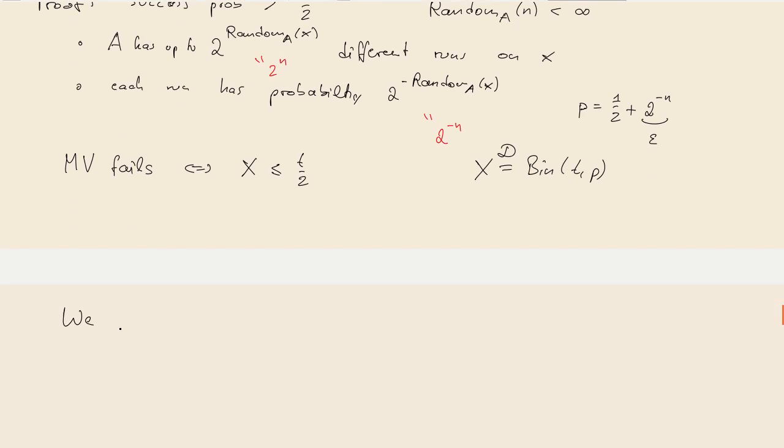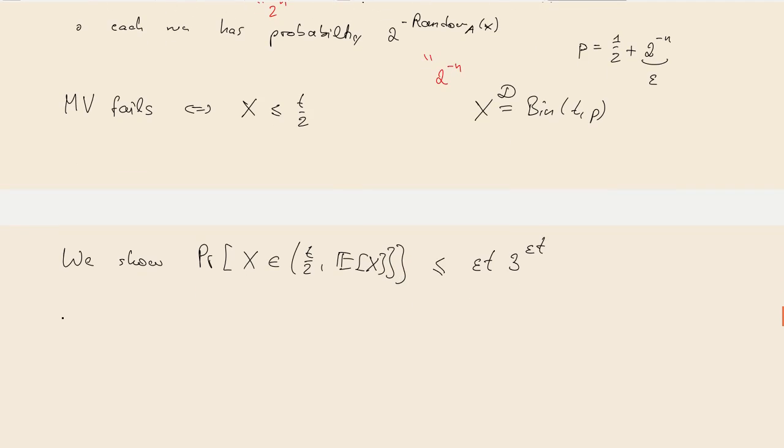So what we will show is that the probability that x is in a very specific small range, namely between T over 2 and its expectation, is sufficiently small, namely satisfies this kind of strange magic bound.